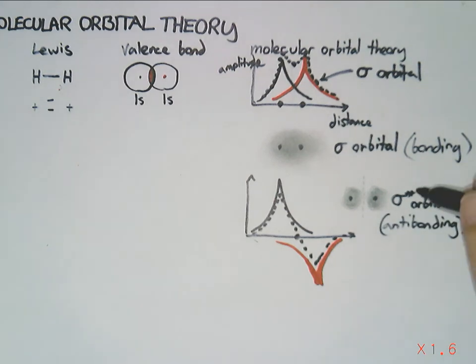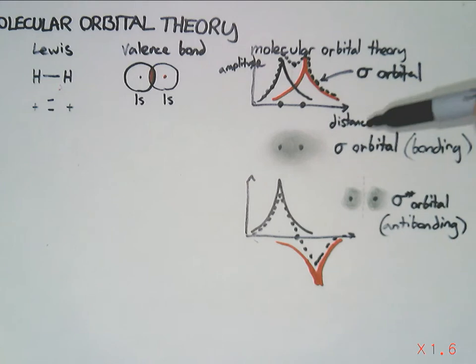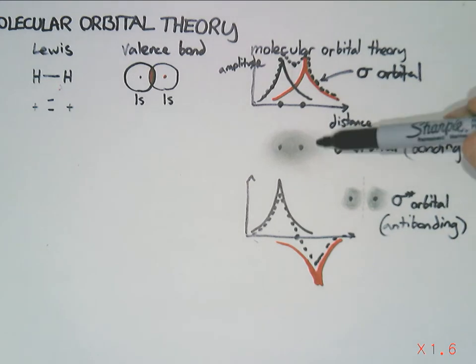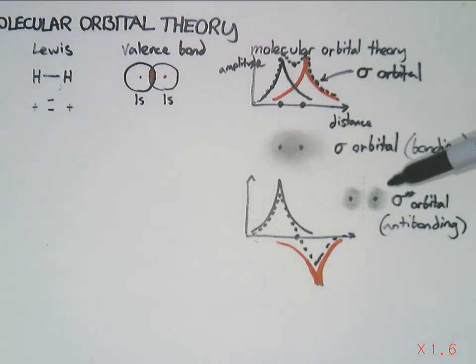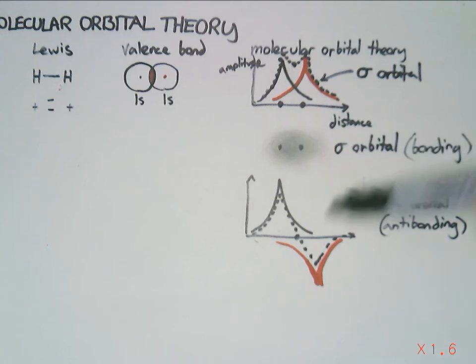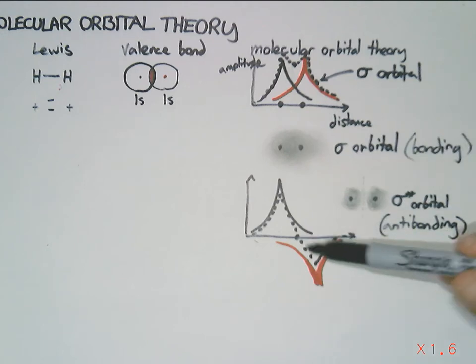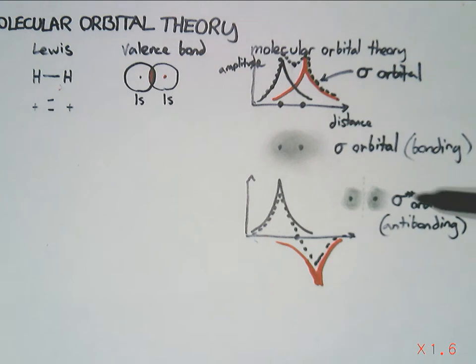That star means anti-bonding. What would the energy level diagram look like for this? I have to ask myself which of these 2 waves will have a higher energy. Now, back when we were talking about atomic orbitals, we said that the more nodes you have, that's the more places where you have zero amplitude, the higher the energy. So this sigma star orbital must have a higher energy.